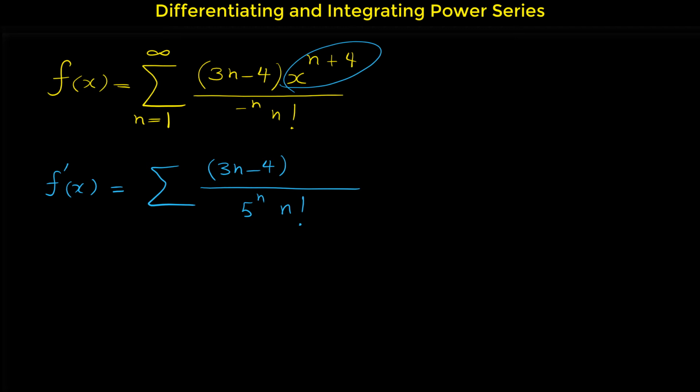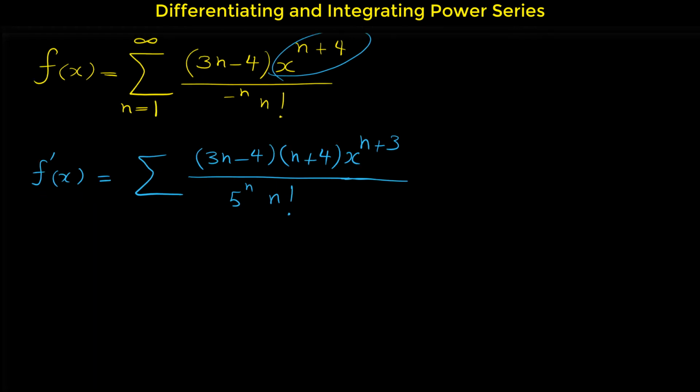For finding the derivative of x to the power of n plus 4, we use the power rule. The derivative is n plus 4 times x to the power of n plus 4 minus 1, which is n plus 3. And n starts from 1 to infinity.